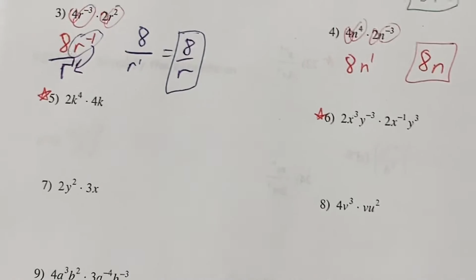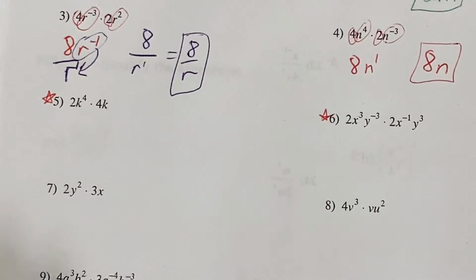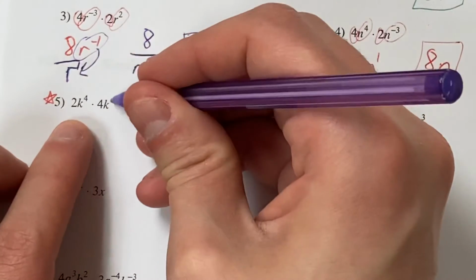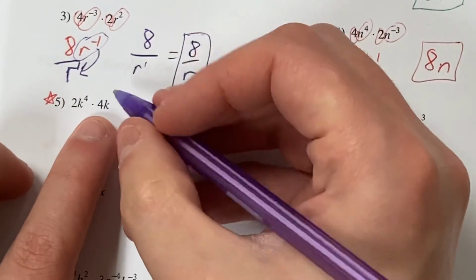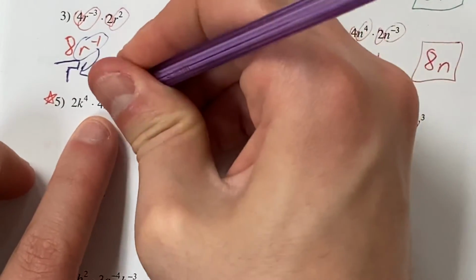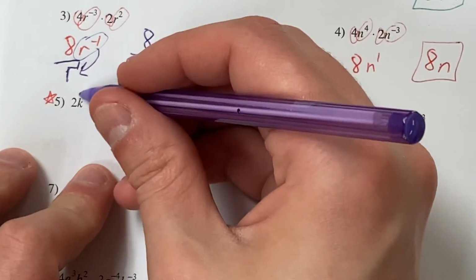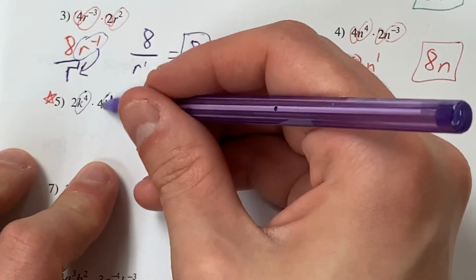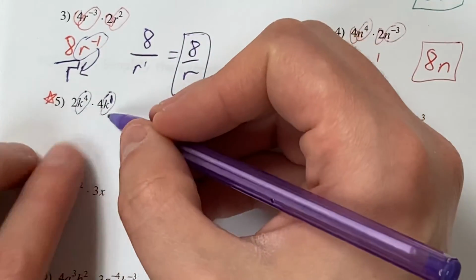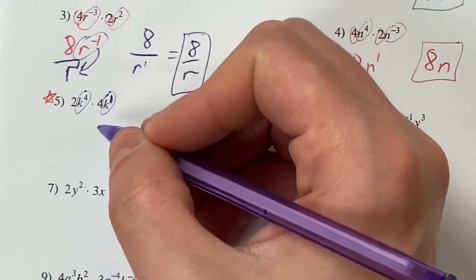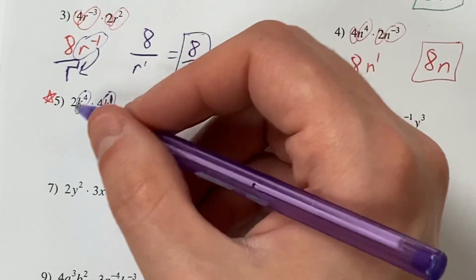All right, here's 2 more problems I wanted to go over. If there is no exponent, like this k has no exponent, then you need to fill in a 1. It is a k to the first. That's important when you're multiplying the k to the 4 times the k to the 1. Because otherwise you might accidentally say that this is just k to the fourth again.